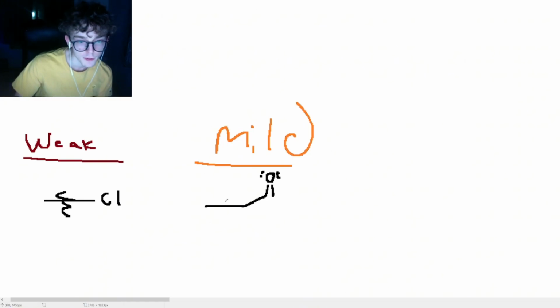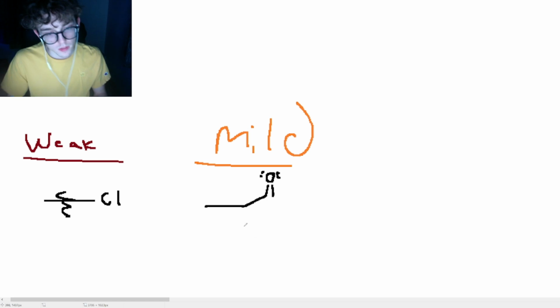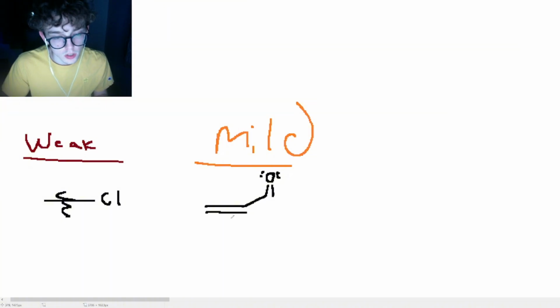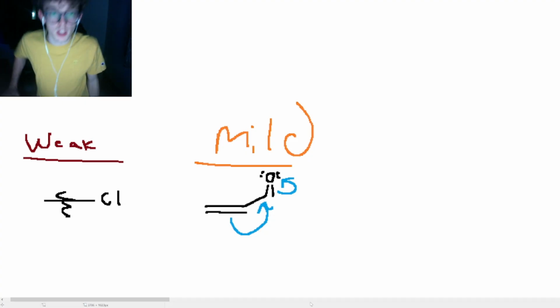Because if we have, let's say, a pi bond here, I know this isn't to scale, but let's just say this is an aromatic pi bond, it's going to do this here, right? We all know it's an electron withdrawing group because of that resonance structure right there. It's pulling electron density from the ring, and therefore it is a mild deactivator.